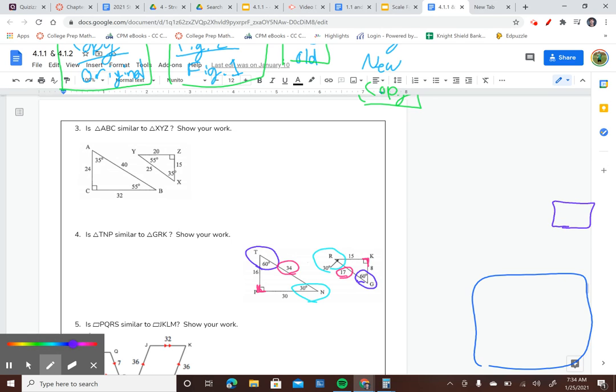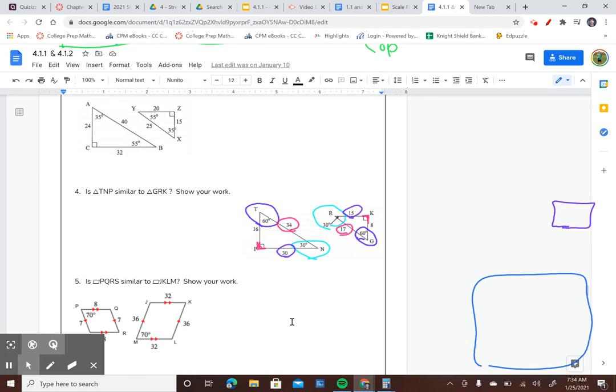And if we took a look at a different side, we'd say side 15 aligns with side 30. So it's very, very key that we take a look at which angles are corresponding and which sides are corresponding. That's why we started off with the activity we did today.